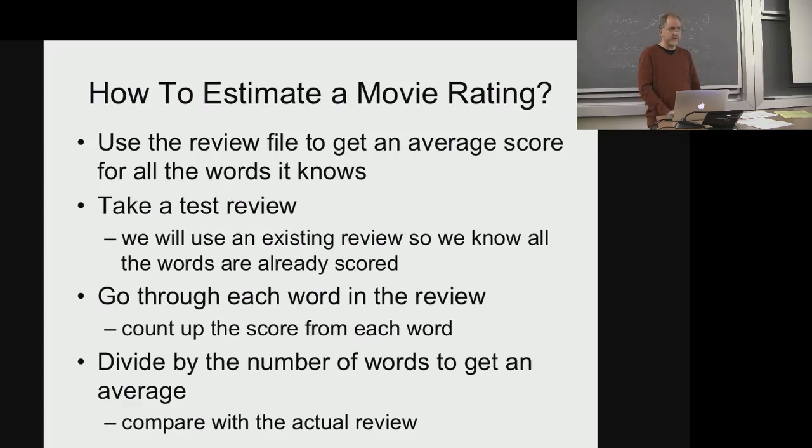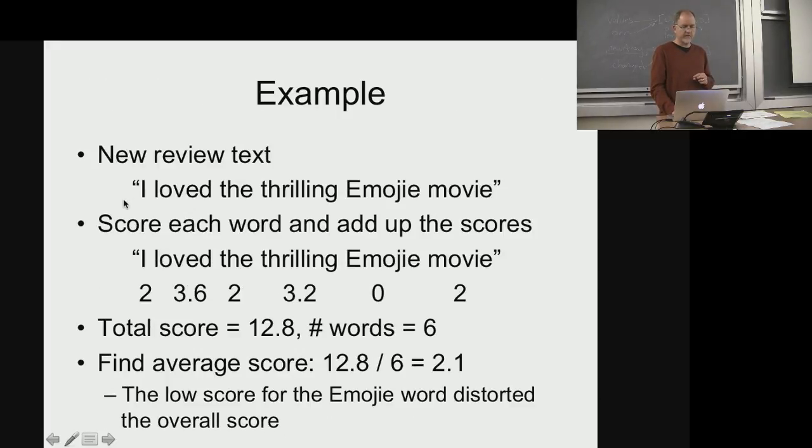Then we want to estimate the movie rating. So we're going to use an existing rating out of the file, because we know all the words exist in our ranking then. We're going to go through each word of the review, count up the score for each word, divide by the number of words to get an average, and compare that to the actual review. And I'll tell you whether or not this is working well. So if we have new review text, I love the thrilling emoji movie, wait, did I spell that right?